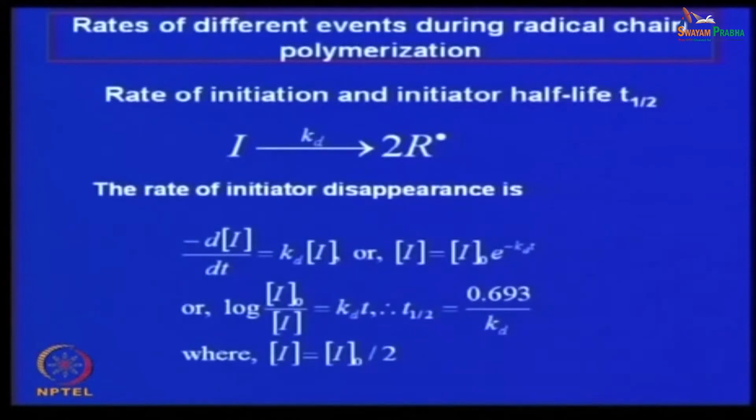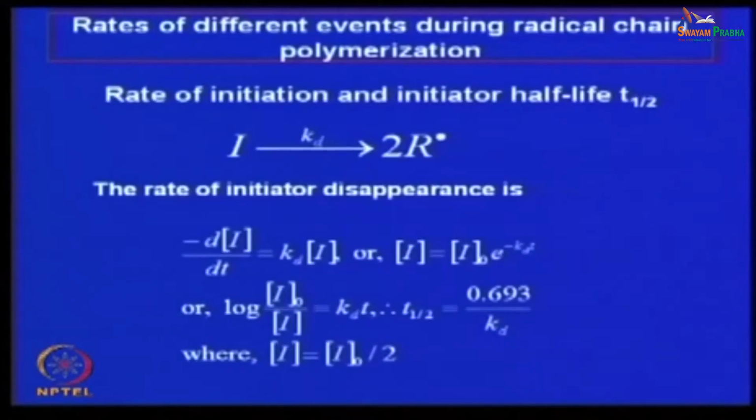So, if we want to evaluate the kinetics of polymerization involving olefinic monomers for addition chain polymerization, you have to consider the rates of decomposition of initiator, rate of initiation, rate of propagation and rate of termination. So, we see here that rate of initiation and initiator half life will let us discuss today.